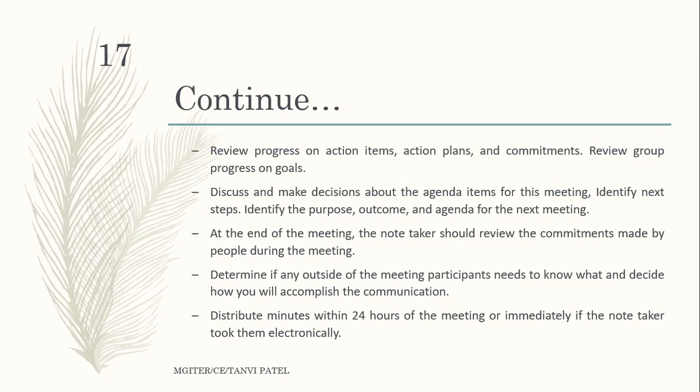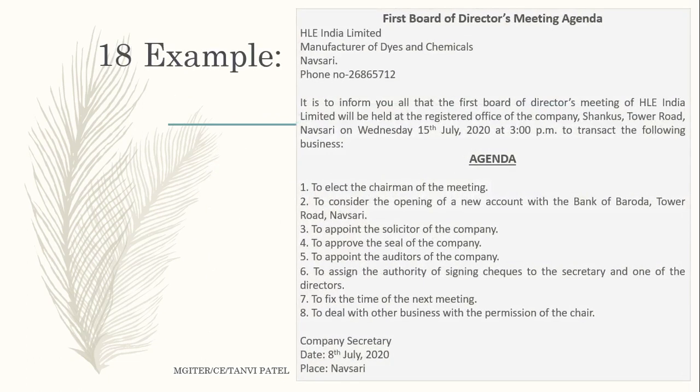Next, determine if any people outside of the meeting need to know what was decided and decide how you will accomplish the communication. Distribute minutes within 24 hours of the meeting or immediately if the note taker took them electronically. Here you can see an example of an agenda of a meeting.